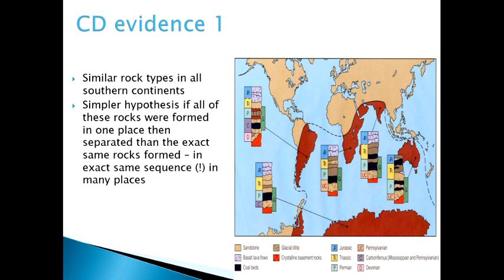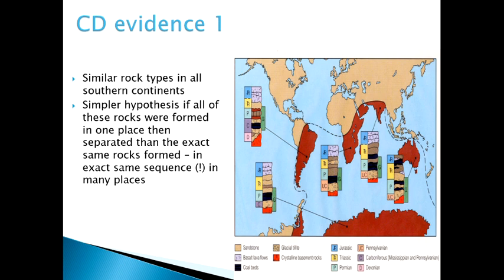If you look at those places today, Antarctica is a frigid wasteland covered in ice. Australia, sort of a Mediterranean type climate. The Karoo Desert in Africa, dry. The Himalayan mountains, very different.